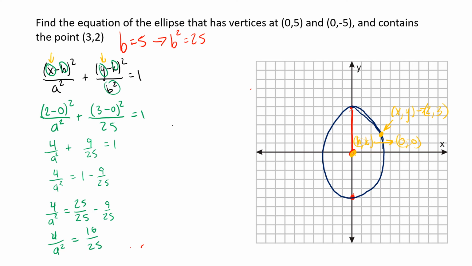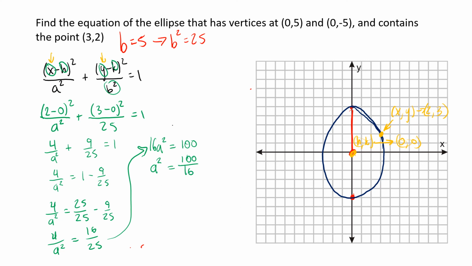We can cross multiply here if you want. So what we end up with is 16a squared is equal to 100, right? And so a squared, if we solve for it, is equal to 100/16. Obviously, this simplifies.